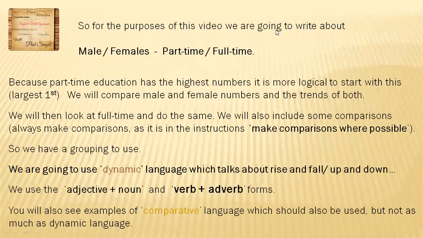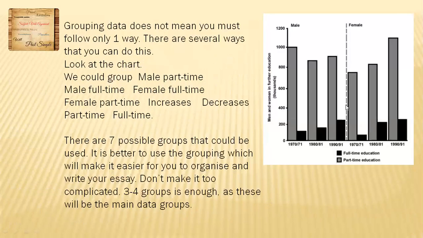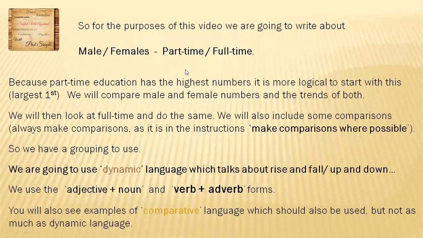So for the purpose of this video, we're going to write about males and females, full and part-time. I think that's probably the best way, easiest way to write about it. Now, because part-time education has the highest numbers, it seems more logical to start with this, largest.